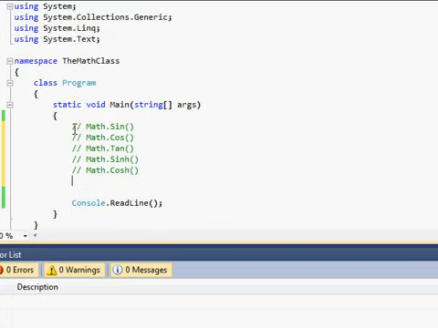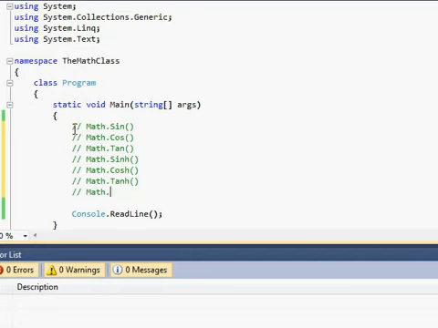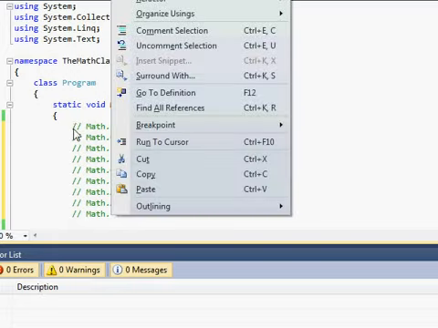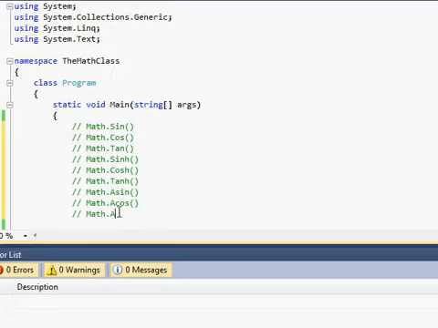I think it's like hyperbolic sine or something, but I've never actually done any of that before, so I wouldn't know what it was supposed to come out with. Now, Asin is arc sine, basically inverse sine. It's when you're trying to find the angle measure, and these all return angle measures, by the way, except for sine, cosine, tangent. Those return the ratios. Again, if you don't know anything about trigonometry, then you can pretty much disregard this because you're probably never going to use these.